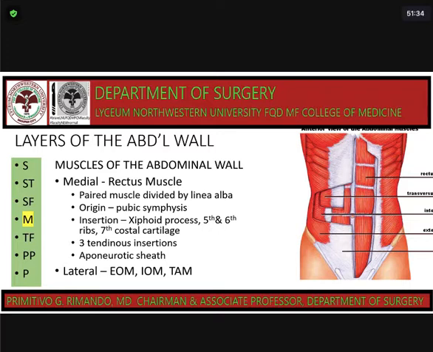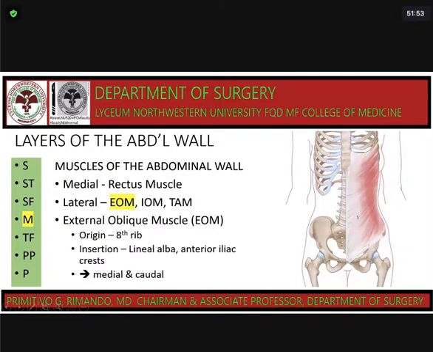So if this is your muscle, you have an aponeurotic sheath in front. That's your anterior aponeurotic sheath. You have a posterior aponeurotic sheath, known as your posterior rectus sheath.